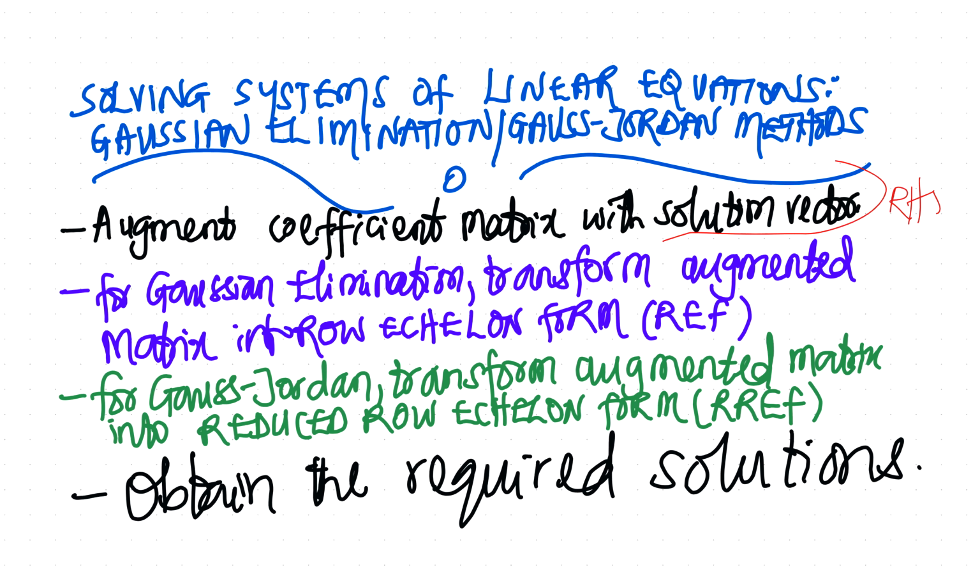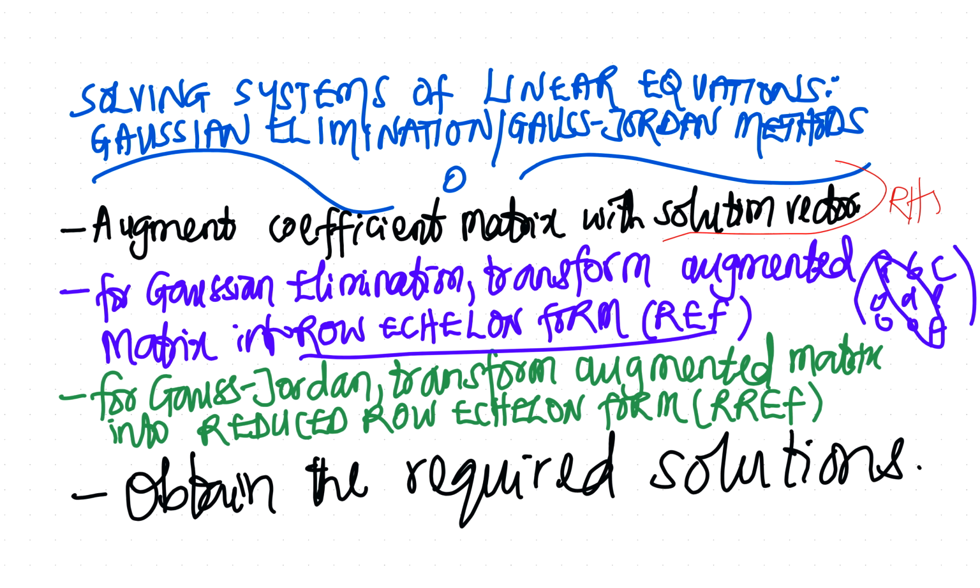So when you augment the matrix of coefficients with the solution vector, then you transform it into row echelon form. In row echelon form, all we want is something like A, B, C, 0, D, E, 0, 0, F. We just want everything below the principal diagonal to be 0. As far as you can make everything below the principal diagonal 0, that is row echelon form.